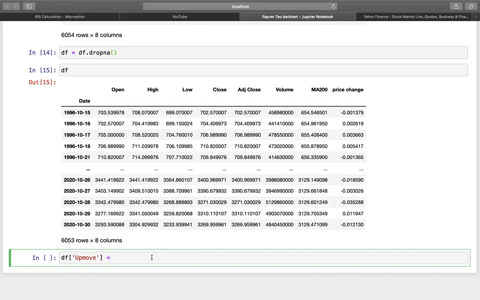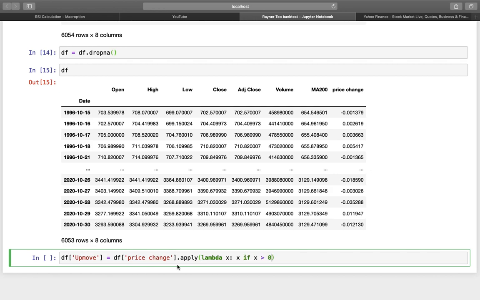And which function do we have? We are using the price change and apply a lambda function. Now I'm just applying what I just read. So I'm taking the value if the value is larger than 0.